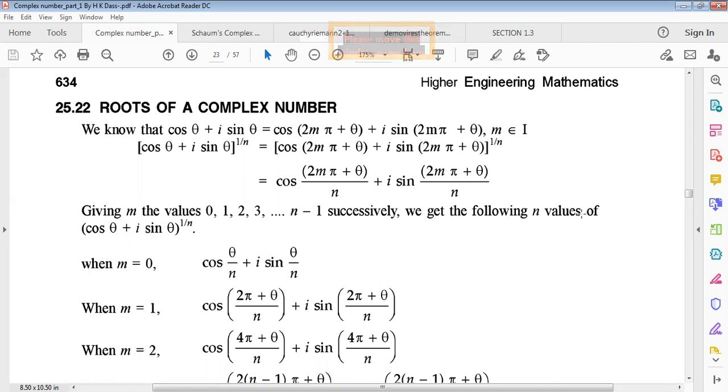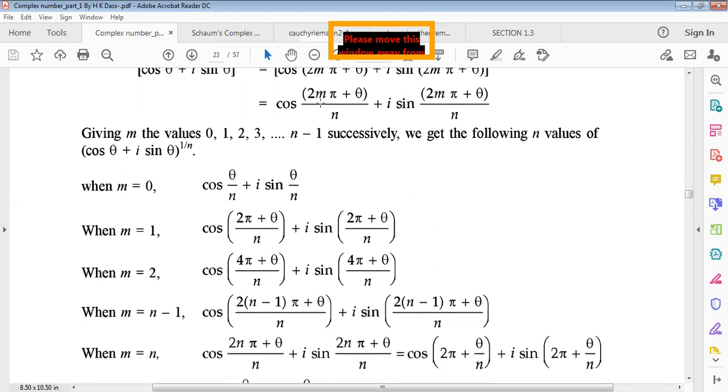Now we get the following n values of (cos theta + i sin theta) whole to the power 1 by n. When m equals 0, putting m equals 0 here, we get cos(theta/n) + i sin(theta/n). When m equals 1, we get (2 pi + theta)/n.